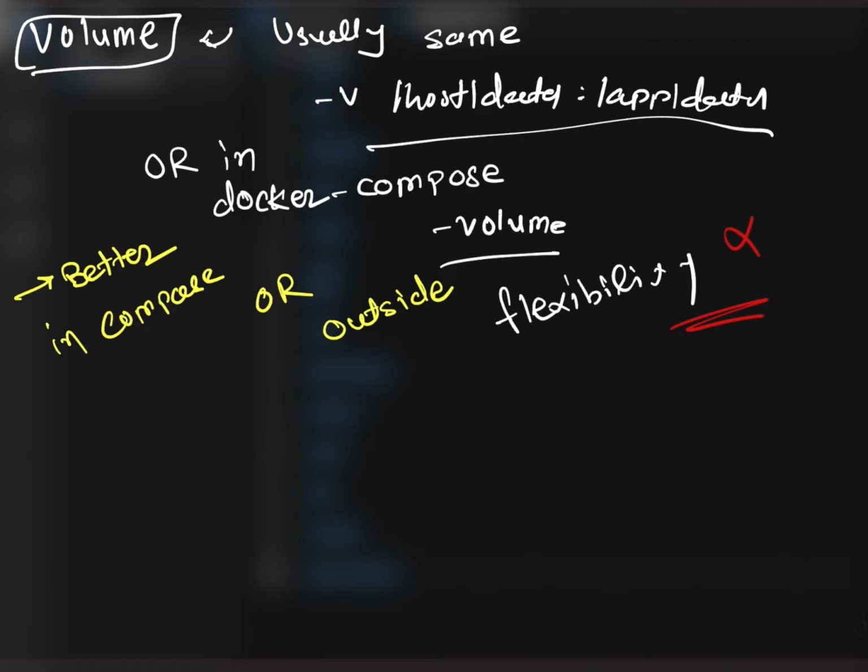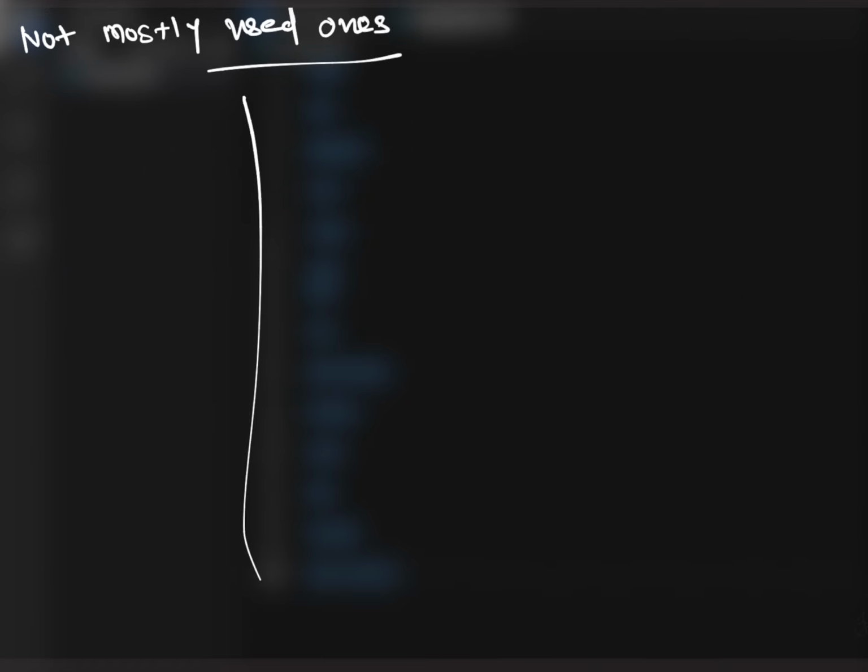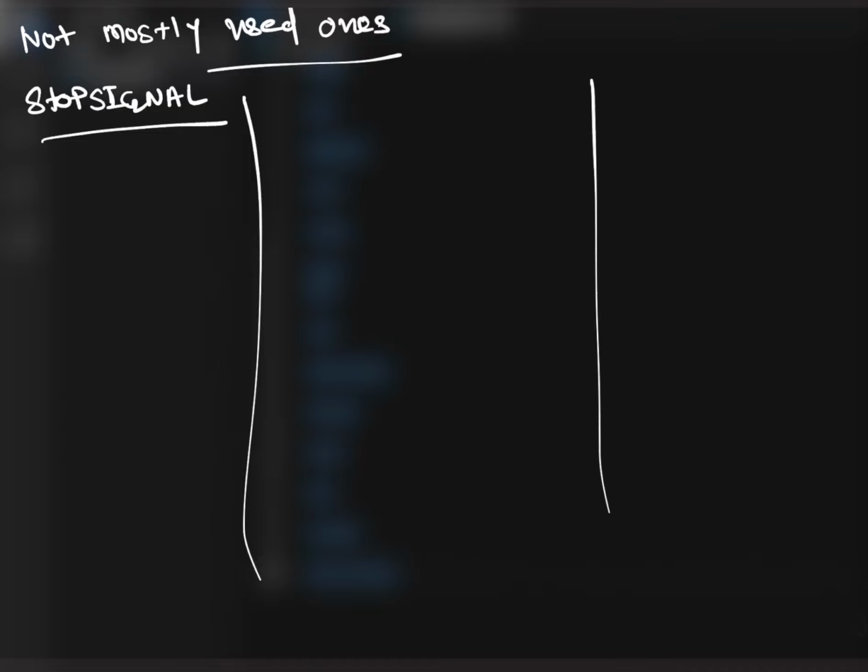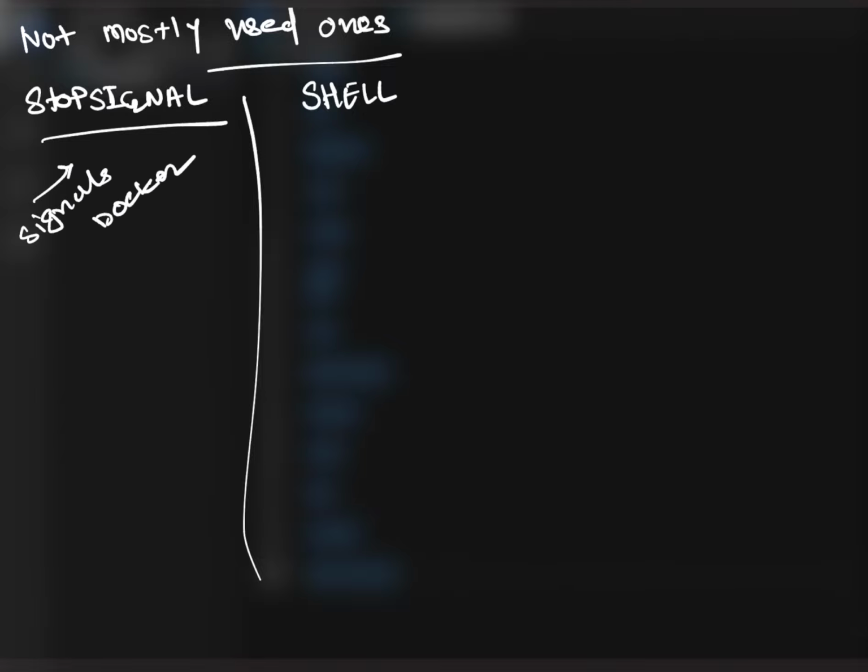The last, not mostly used Docker instruction is STOPSIGNAL. It's basically to stop the Docker container. If we want to stop it purposefully, we can add a stop signal.